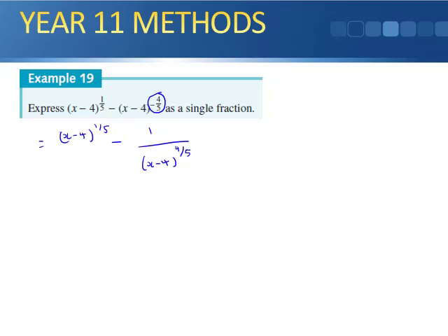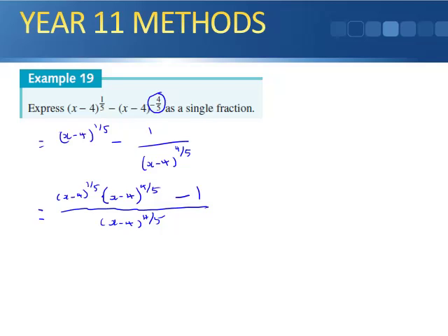Of course, I need to get the same denominator. So this one will be x minus 4 to a fifth, and I'm going to multiply that by x minus 4 to the 4/5 minus 1, all divided by x minus 4 to the 4/5.